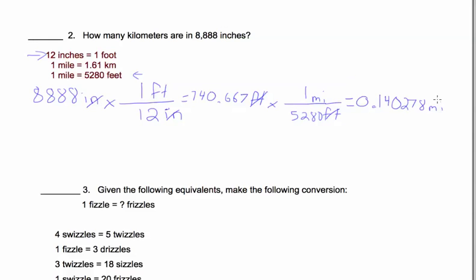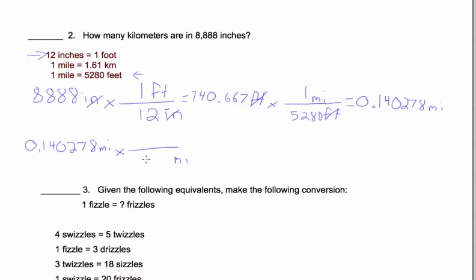We're still not quite there. We want to go to kilometers. So we have our number here in miles, and we have one more conversion factor. I will always provide the conversion factors to you, so don't worry. We have miles here, so we want miles to cancel out. It has to be on the bottom.